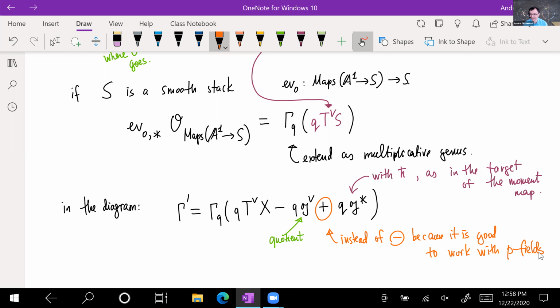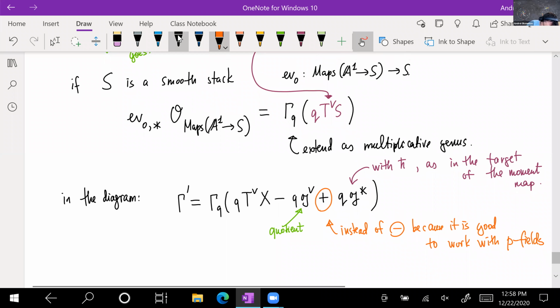So Melissa and her students will testify it's much easier than imposing the equation. You introduce the dual equation to the equation. That's much better that way. And so then, of course, instead of subtracting, you add. And so that's how it works.